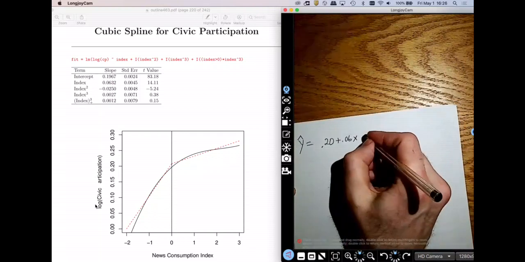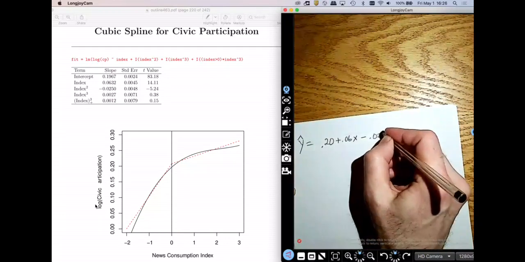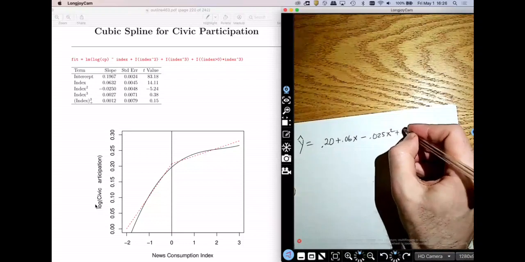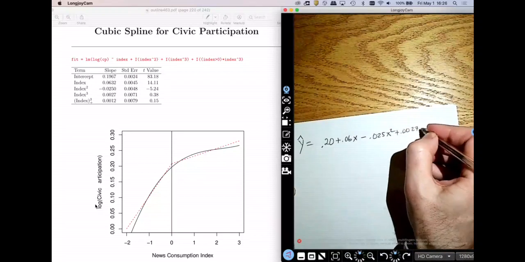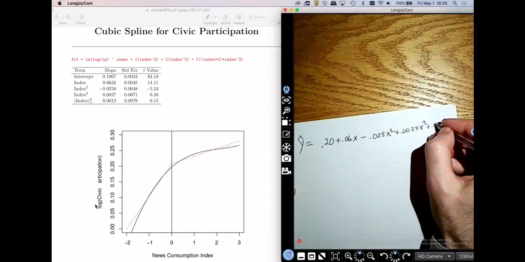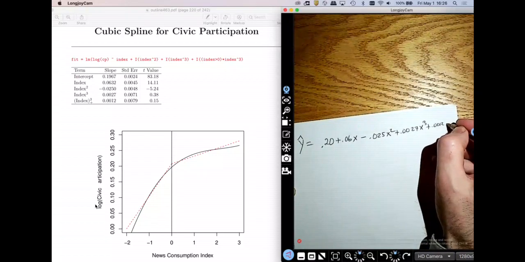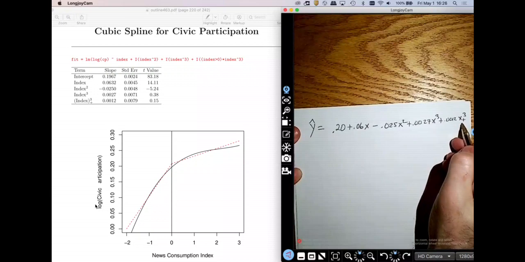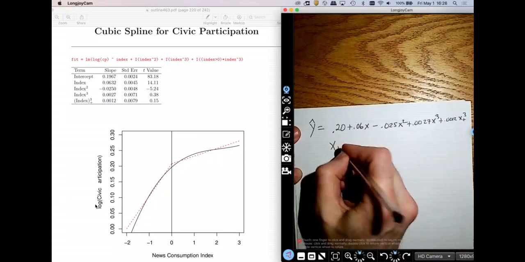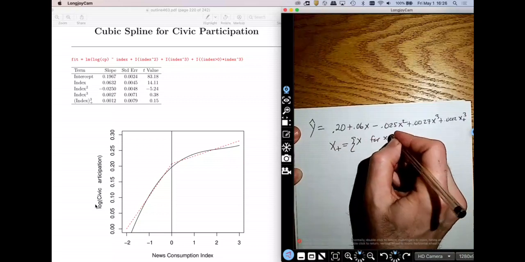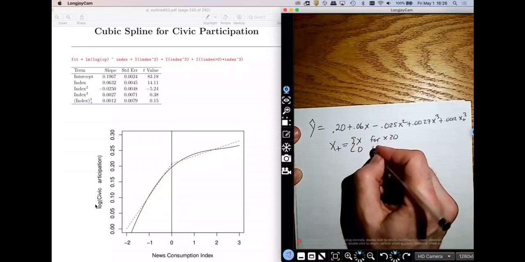Then we have a minus 0.025 times x squared. We have a plus 0.0027 x cubed. And then we have plus 0.0012 times x plus cubed. And so what is x plus? x plus is equal to x for x greater than or equal to 0 and is equal to 0 otherwise.